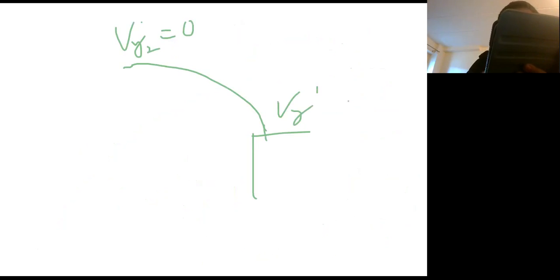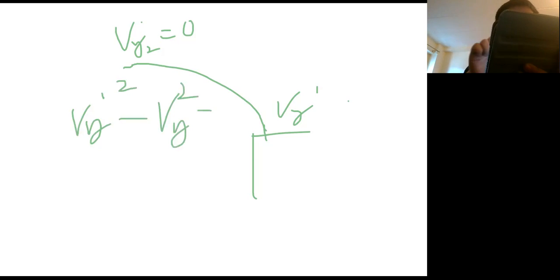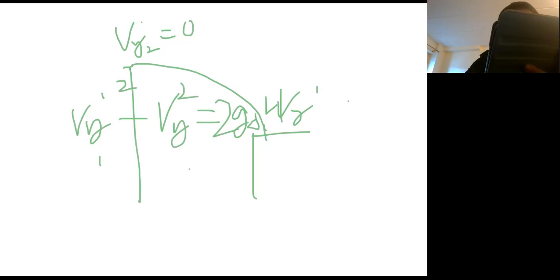So it leads to the same kind of motion as from the beginning: Vy dash squared minus Vy2 squared equals 2g delta H. We get the height from the previous result and the information gives the height of the building.